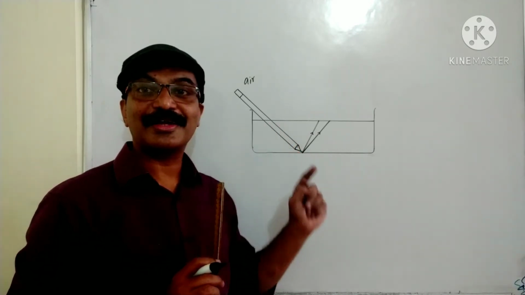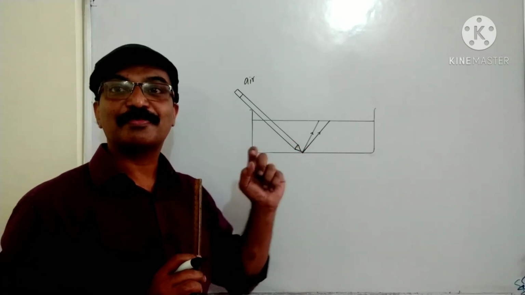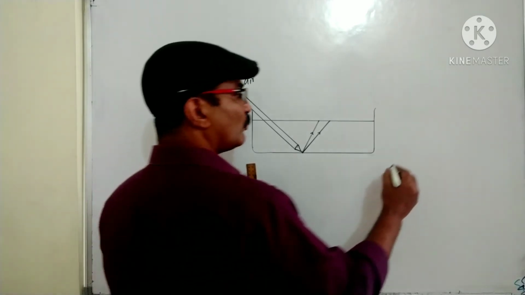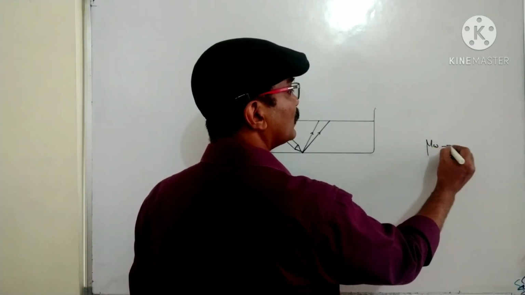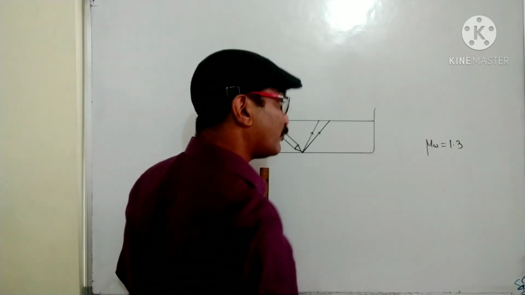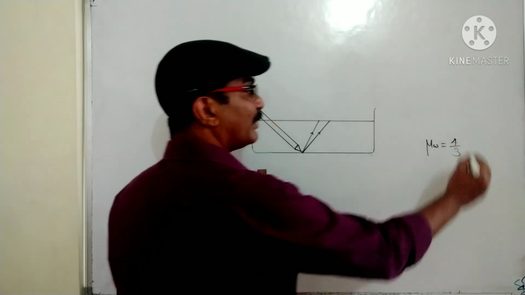That apparent rise of the tip of the pencil, or shift, depends on the refractive index of water. What is the refractive index of water? You know that the refractive index of water is 1.3, or you can take it as 4 by 3.